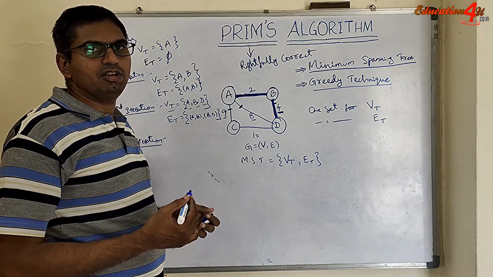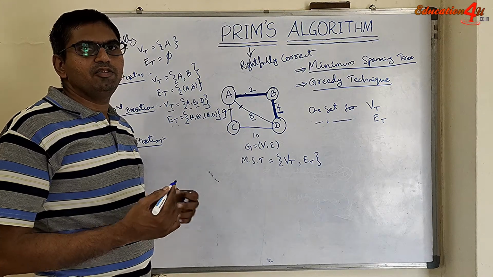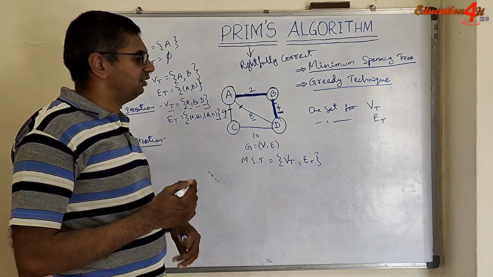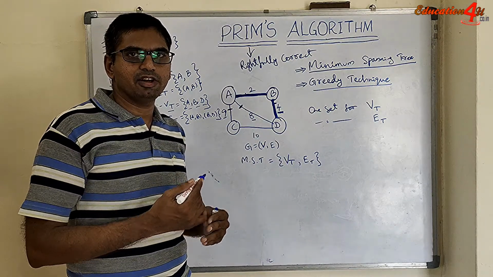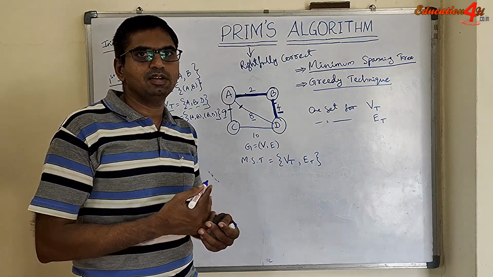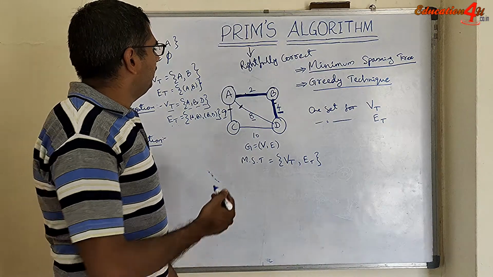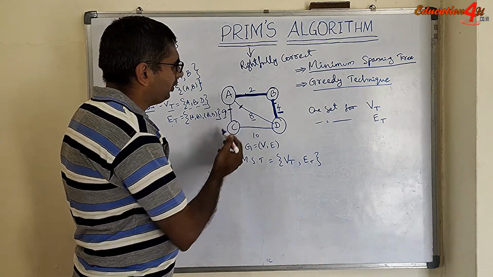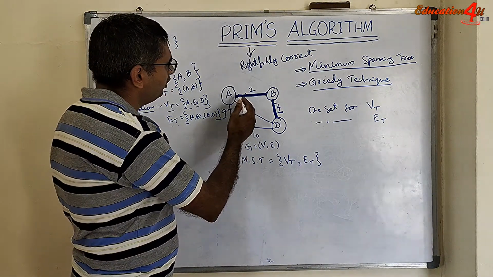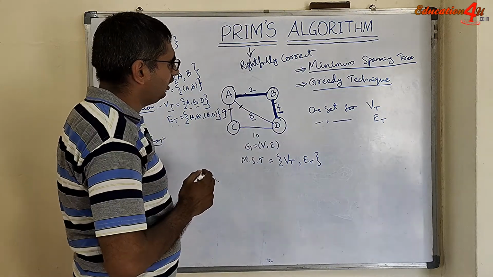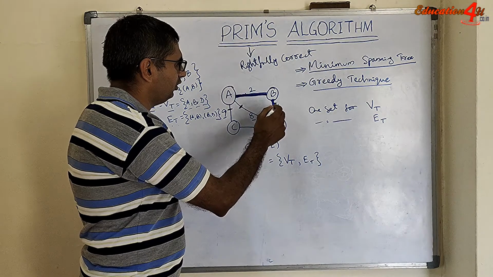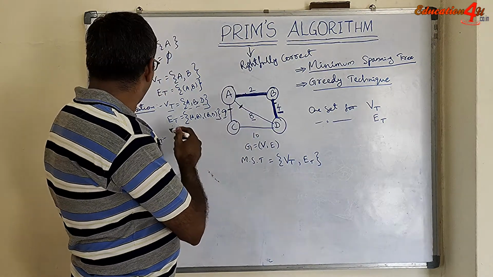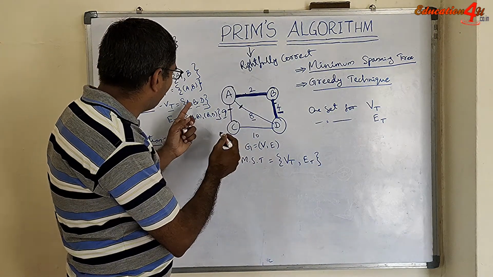If they form a cycle we will not include those edges, because we want a tree finally, not a graph. The graph is already available with us. We have to draw a tree, a minimum spanning tree. These 2 edges are already selected.